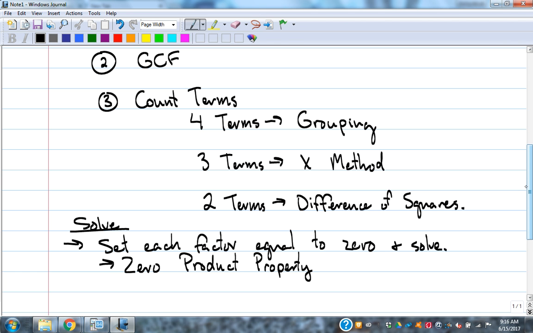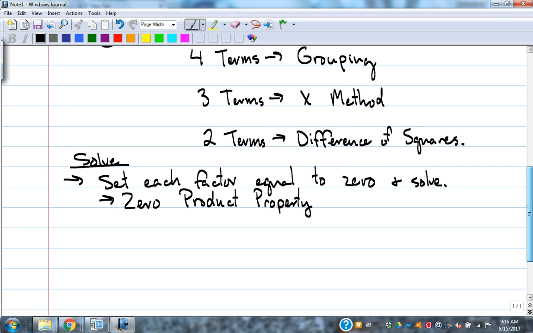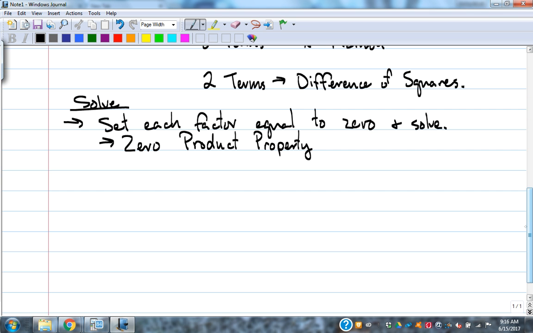So the zero product property just means set the factors equal to zero and solve them. That's what we're using here. So really, the factoring part is the same as what we've done. It's the solving that's added to it today.